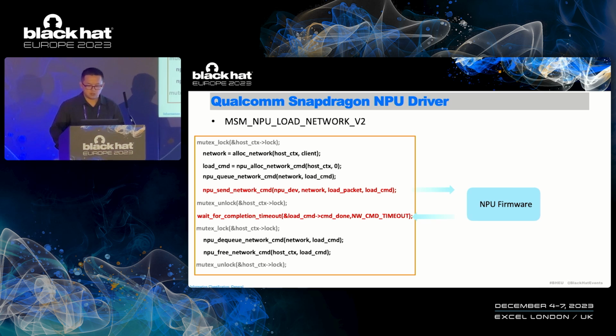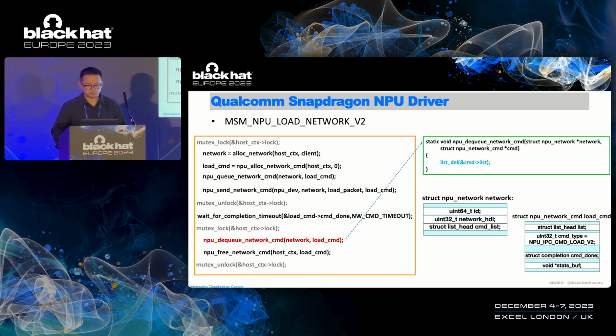After that, the driver will wait for the load command to be completed. When the MPU firmware completes the load command, it will wake up the driver side. Since the load command has been completed, it will be dequeued from the command list of the MPU network object by calling the function MPU dequeue network command.